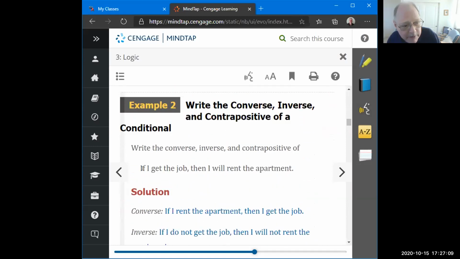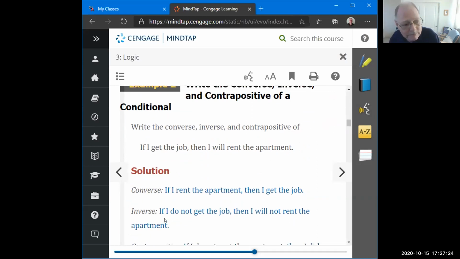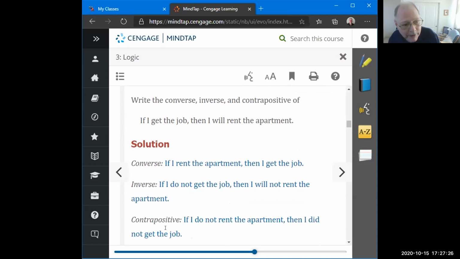So we've got this example. If I get the job, then I'll rent the apartment. The converse is if I rent the apartment, then I'll get the job. And the inverse is if I don't get the job, then I don't rent the apartment. The contrapositive is reverse the arrow and make them both nots. If I don't rent the apartment, then I did not get the job.